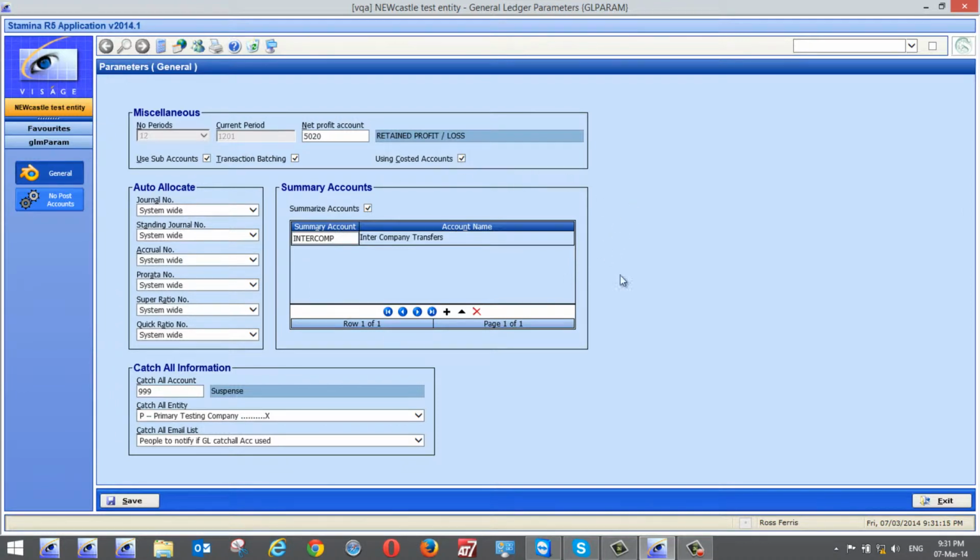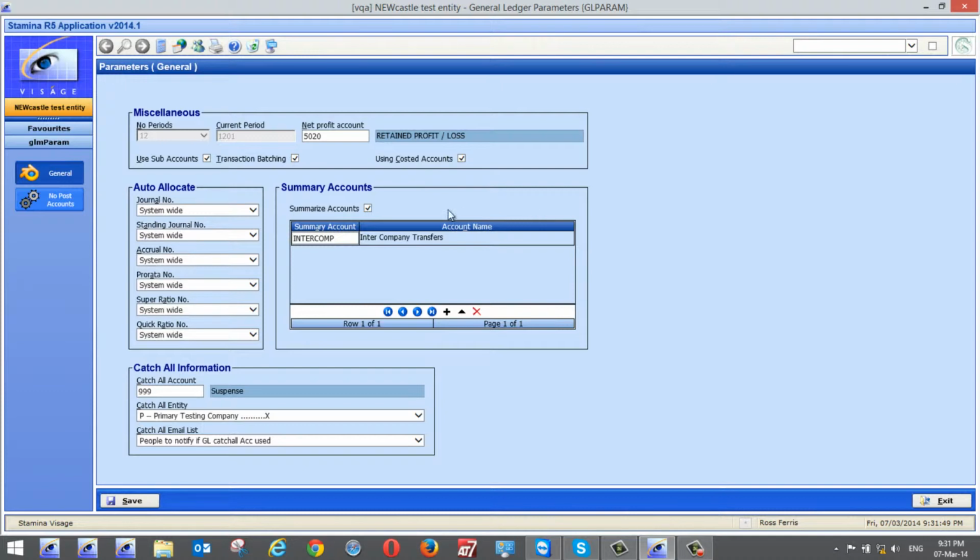The next box I draw your attention to is this summary accounts box. It's possible that there are some high activity accounts in your general ledger that when you produce a trial balance, a detailed trial balance, you don't really want to see the details in some accounts, simply because there are so many of them, and 99.99% of the time it's just a waste of paper, or if you're producing it as a PDF, it's just a waste of bits.